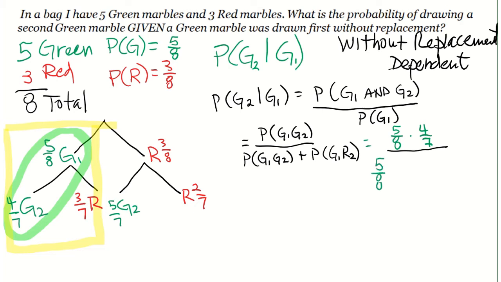So that's going to be 5/8 times 4/7. And then we also need to account for the possibility that if I draw a green one at the first draw, I'm going to draw a red one.